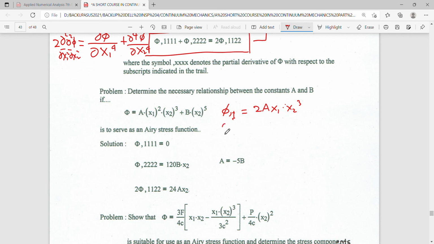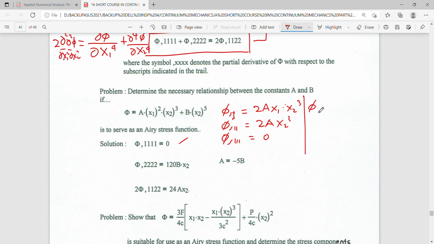So if I make it phi comma 1 1, it's 2a x2 cubed. And then phi comma 1 1 1 1, it's 0. You will not even reach 1 1 1 1, it is already 0. So this is 0. Okay, let's go to phi 2 2 2 2.